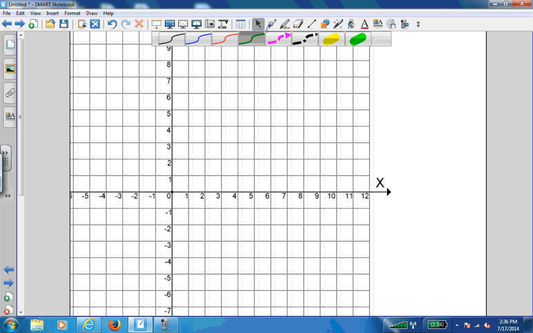Let's suppose we have a sequence that does this. Notice this sequence goes back and forth between positive and negative. And also notice that the absolute value of each term is getting smaller and smaller.